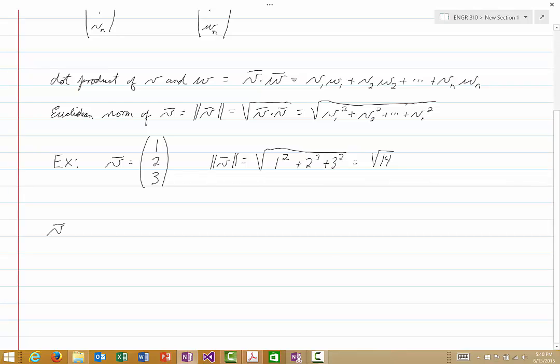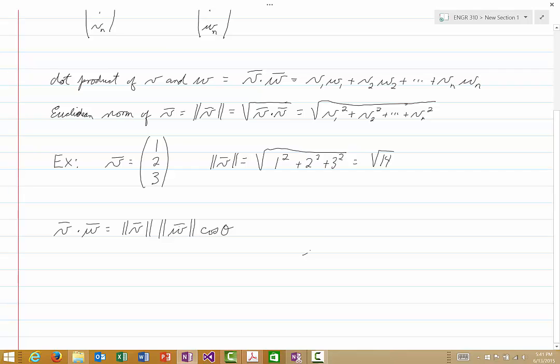It turns out that when we calculate v dot w, if v and w are two vectors, then v dot w is equal to the norm of v times the norm of w times the cosine of the angle between v and w when you put the two vectors tail to tail.